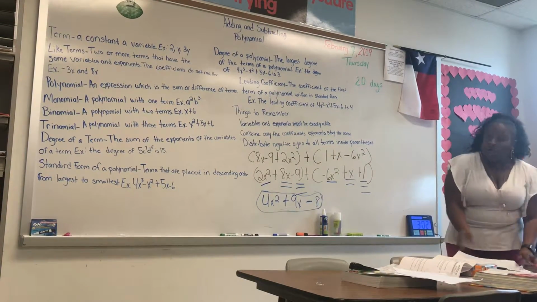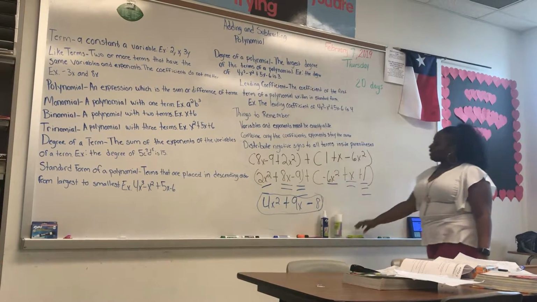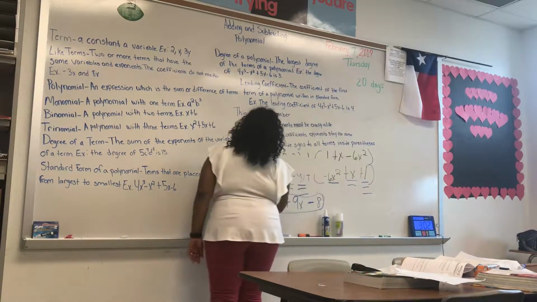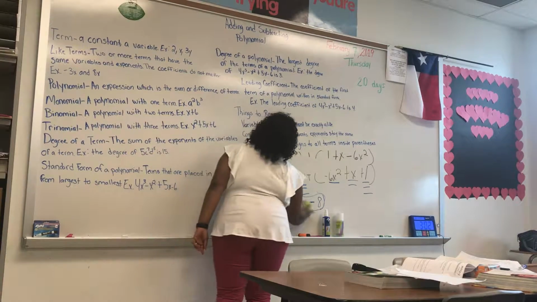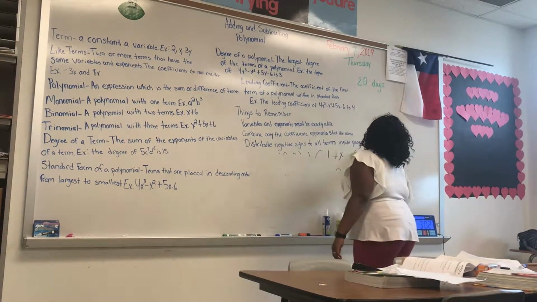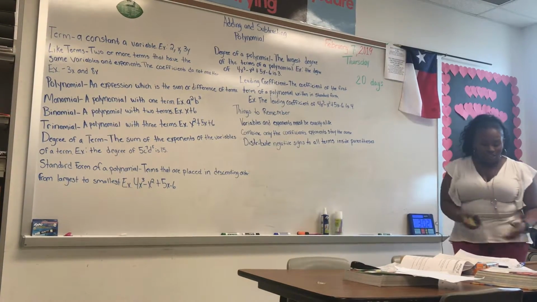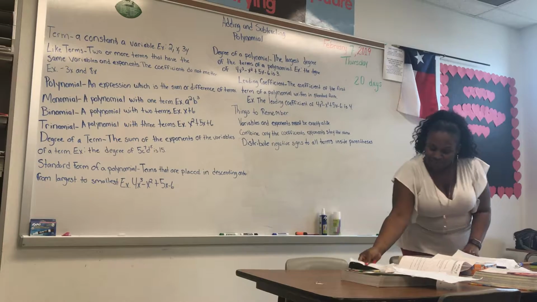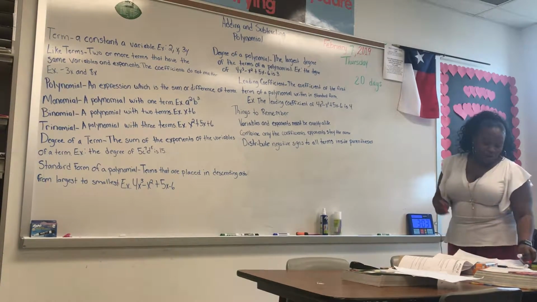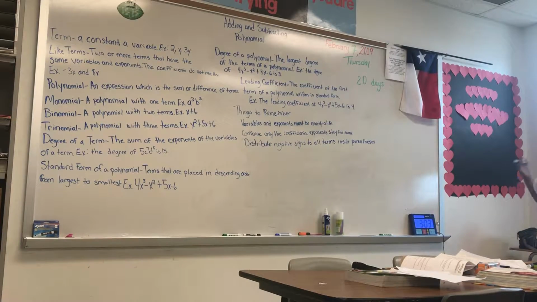All right. So I showed you some of the adding. Let me show you some subtracting. And if you all have any questions, please raise your hand and ask me. Okay, when we're doing subtraction, remember subtraction is the same as adding the opposite.